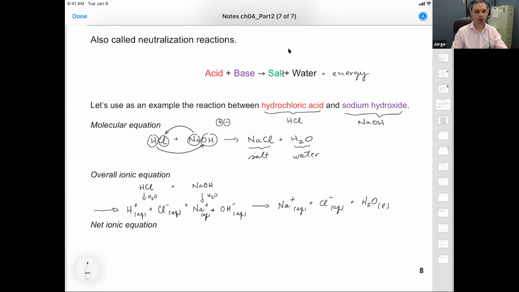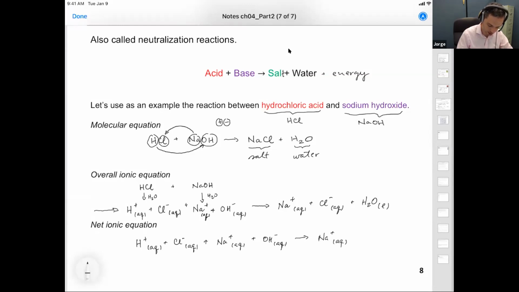From the overall ionic equation, we can get the net ionic equation. So let me show you how to do that. I'm going to rewrite the overall ionic equation here. H+ reacting with, plus Cl- reacting with Na+ and OH-, and that's going to form Na+ (aq), Cl- (aq), and water.